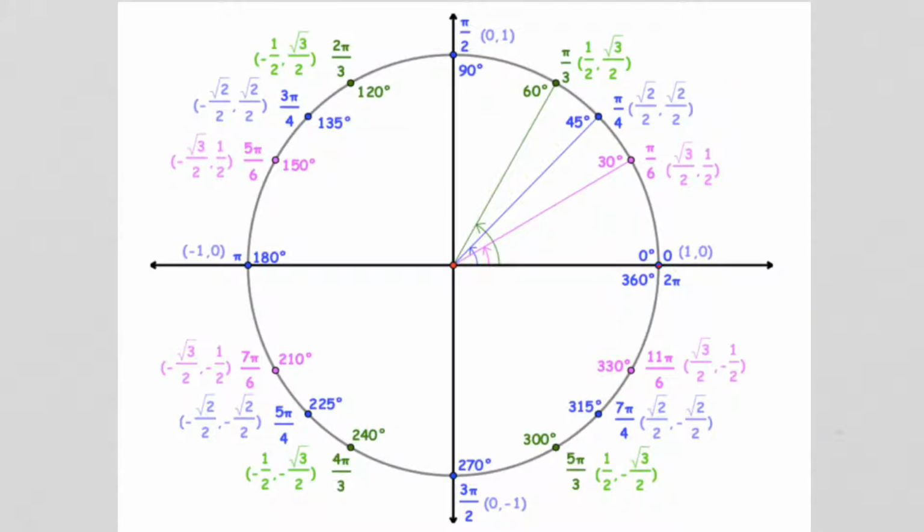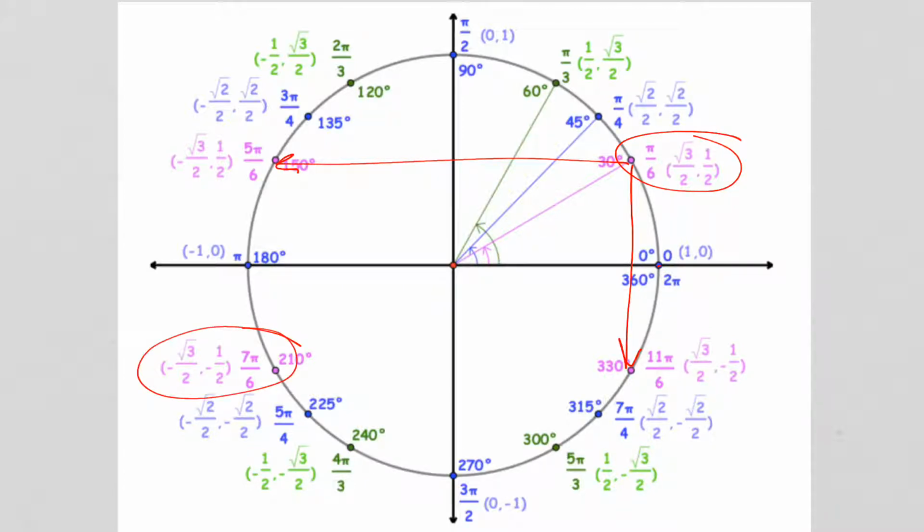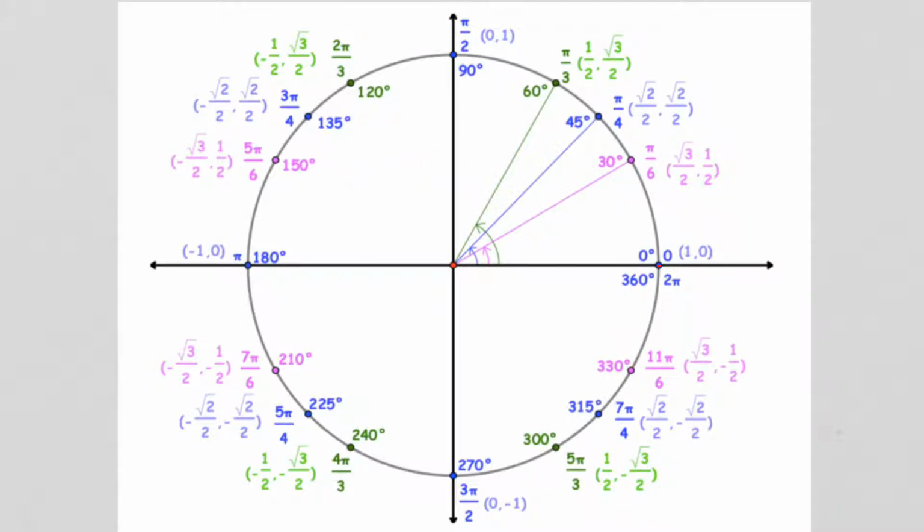If you look at pi over 6, we've got root 3 over 2, 1/2. That's the point associated with pi over 6. Come over here, same deal except x is negative. Come down, same deal except y is negative. Over here, same deal except x and y are negative.